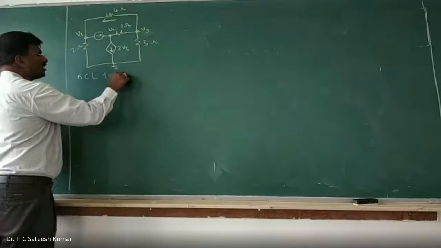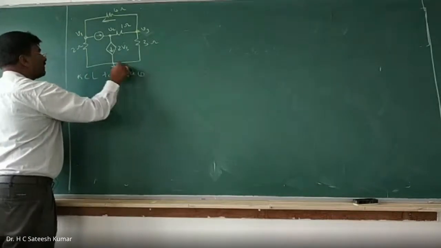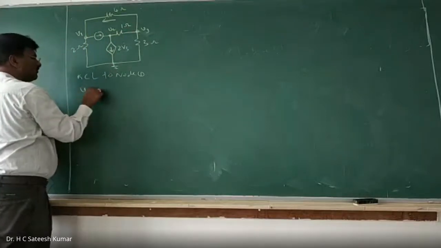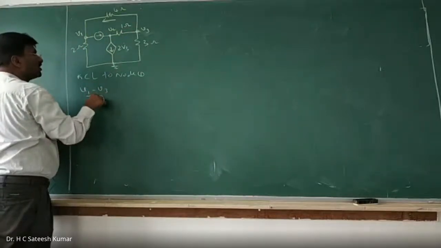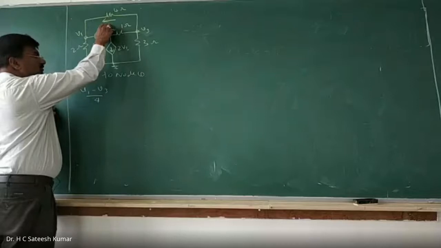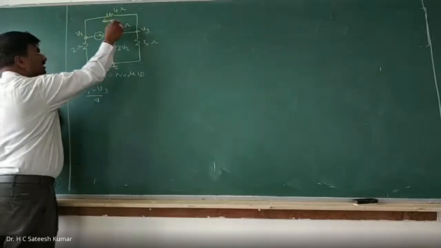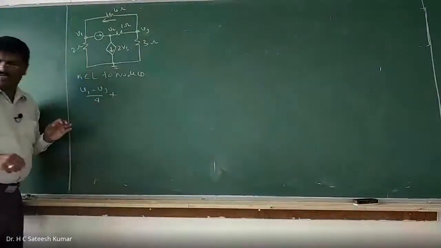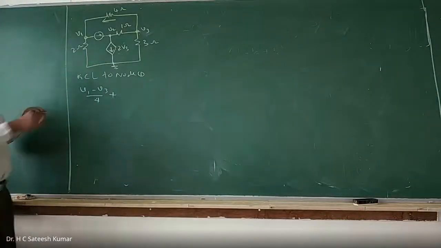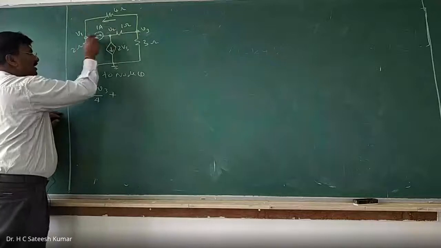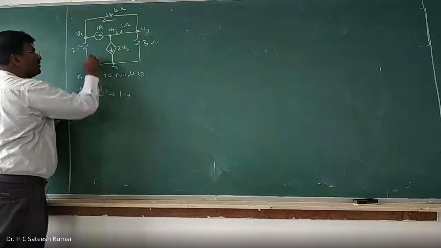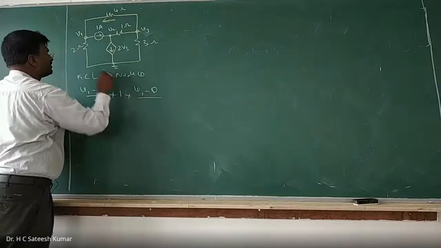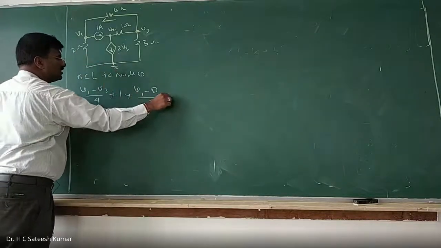KCL to node 1. We have V1 minus V3 divided by 4. Don't worry about this one, just to find the current only. V1 minus V3 divided by 4 plus this current value, 1 amps, current is leaving, plus V1 minus 0 divided by 2 is equal to 0.